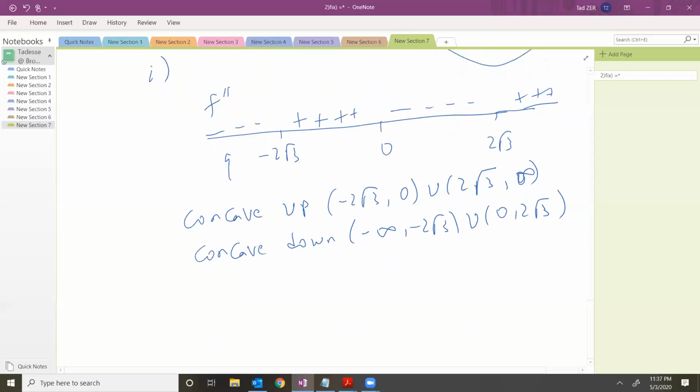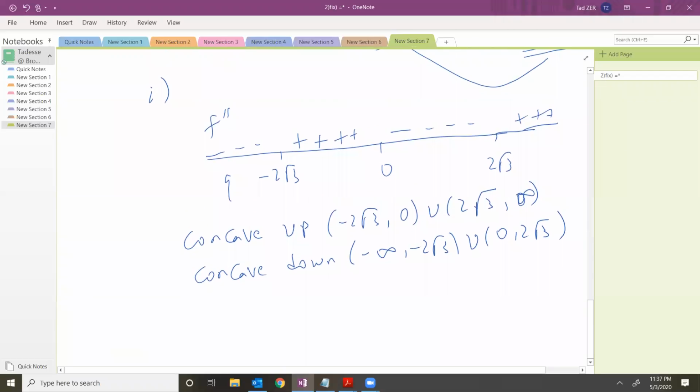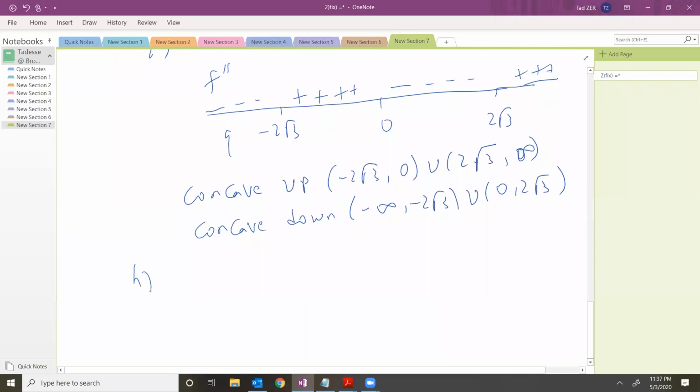So the next part is inflection points. Again, as I said, it should be a point where concavity changes and there is a tangent line. There is a tangent line means the derivative exists or it has a vertical tangent line. That is the definition of an inflection point. In our case, I have 0, f of 0, which is (0, 0).